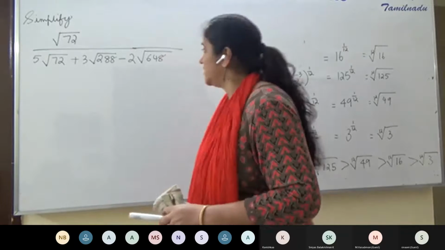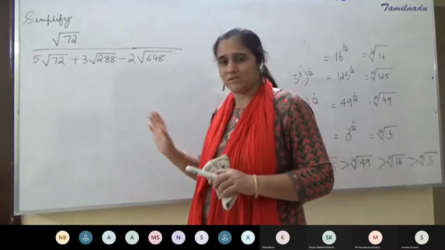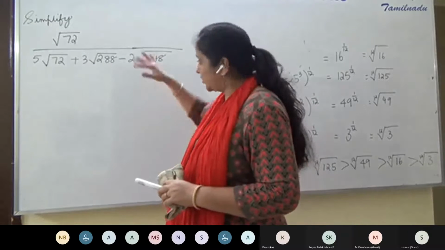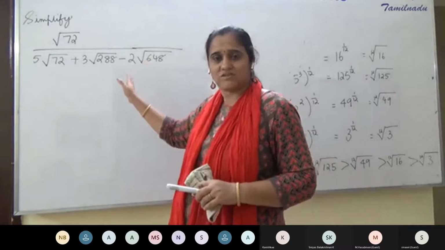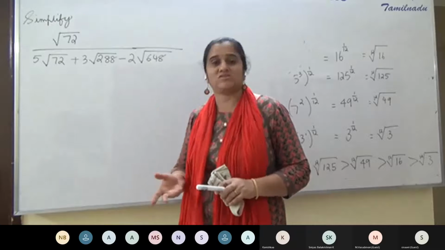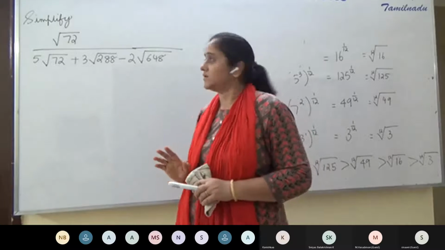In the same way, you cannot start rationalizing by multiplying and dividing by something. That does not come first. What comes first is, look at the various parts of the expression and see if any of them can be expressed as mixed surds. If that is possible, that will be the first step.